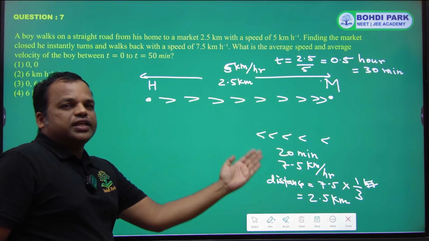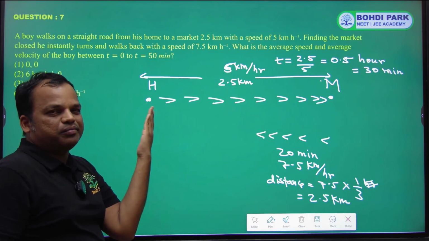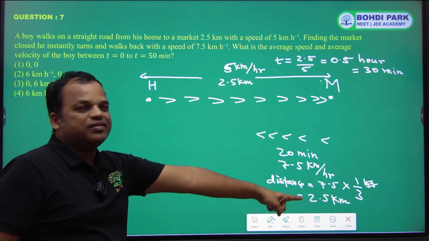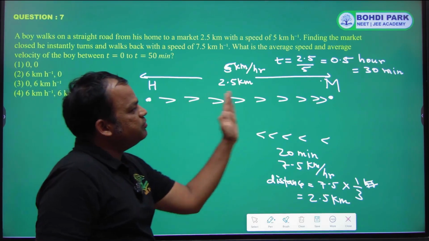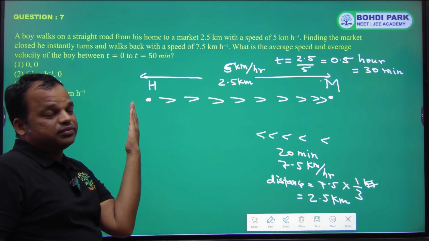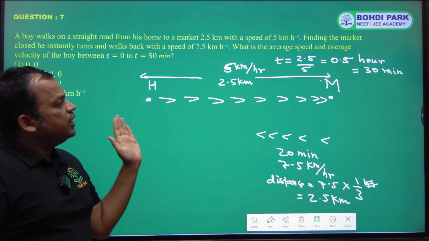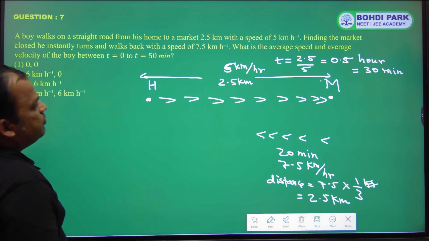So now we can check. So in 20 minutes it will reach home because the distance is 2.5. Okay. So basically 2.5 kilometer right side and 2.5 kilometer left side. So total displacement is 0. So average velocity is 0.